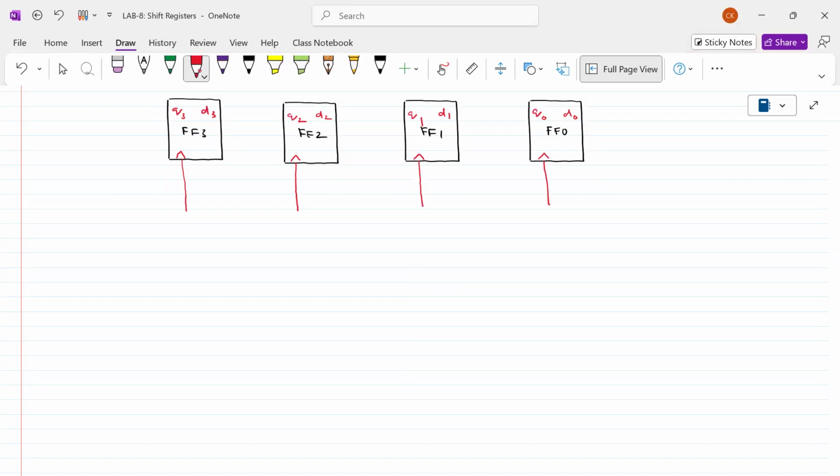This is called the clock, let me write the clock here. Now we are going to talk about the reset signal also. Let me write this is a reset signal.